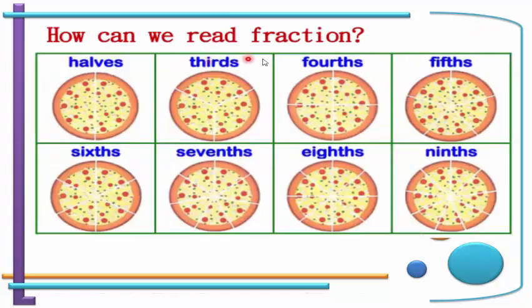How can we read fractions? The first one is divided into two equal parts, so it is divided into halves. But the second one is divided into three equal parts, each part equal thirds. We have 3/3.